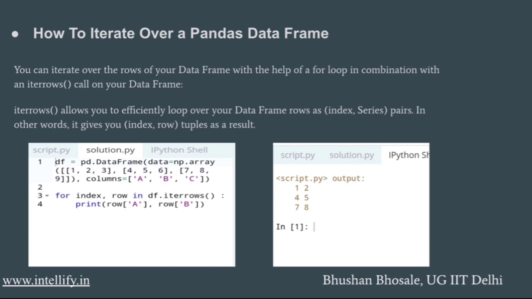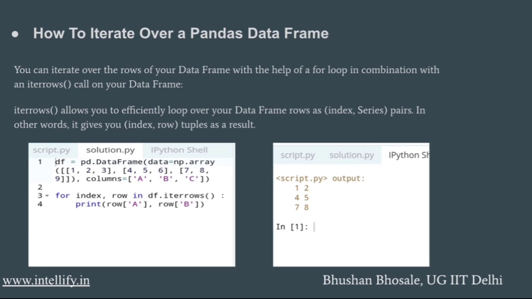So what would be our index? The index would be like 0, 1, 2, 3, any index of the row that we want to access, and then the series would be the column that we want to access. Okay, so let us see that in the code.